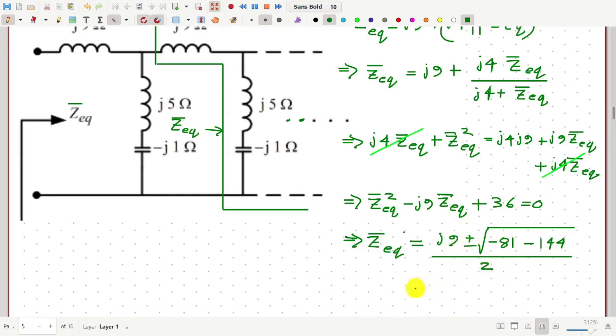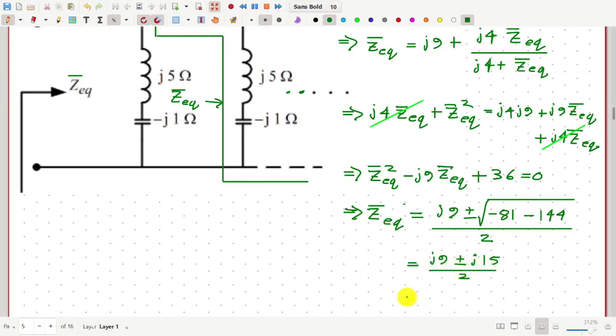So from this we get j9 plus or minus j root over 225, which is 15, divided by 2. So we have two possible answers. One will be j12, another will be minus j3.